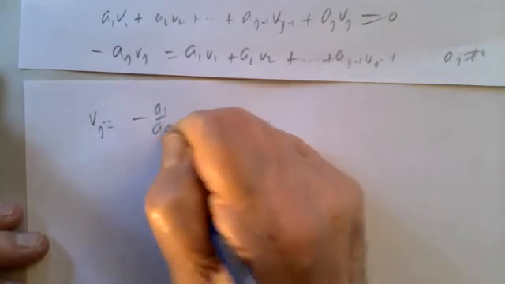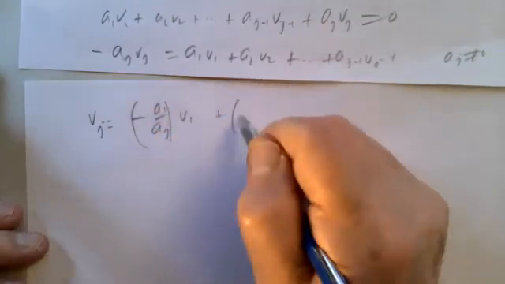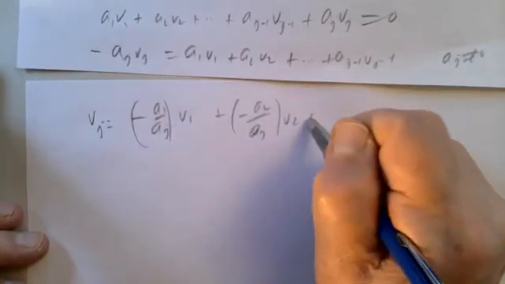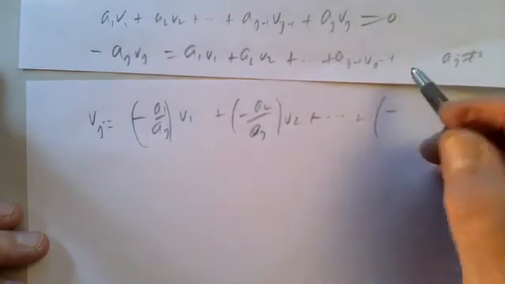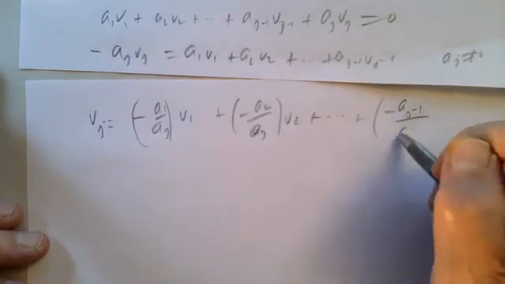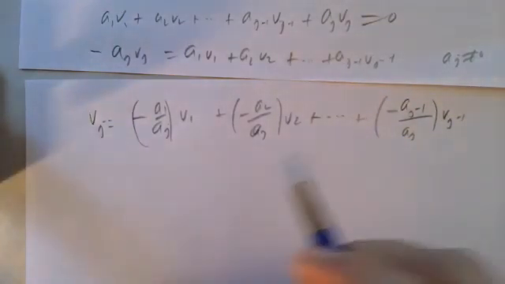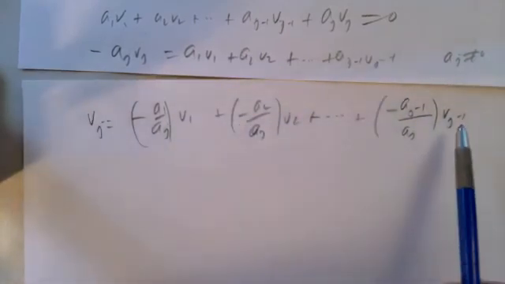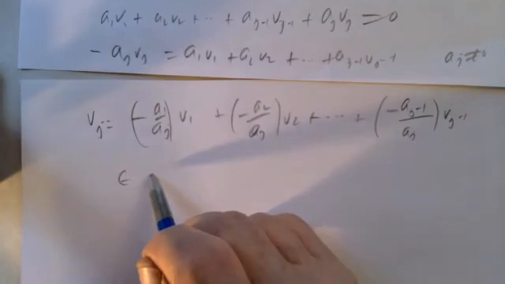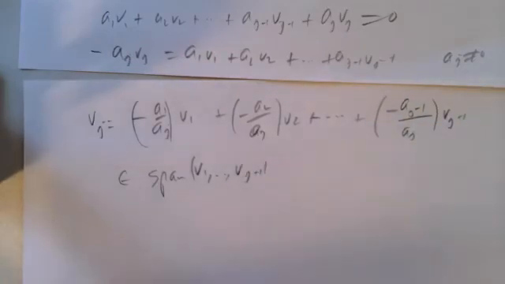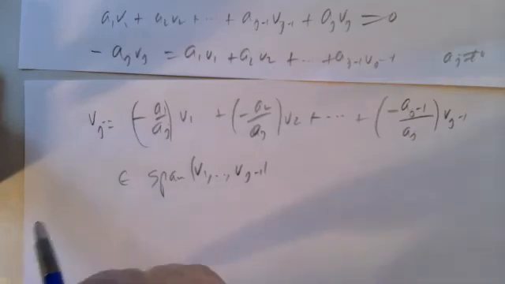So I get V sub j is minus A1 over Aj V1 minus A2 over Aj V2 up to minus A sub j minus 1 over A sub j V sub j minus 1. So Vj is a linear combination of the first j minus 1 vectors. So Vj is in the span of V1 up to V sub j minus 1. So that proves the first statement.